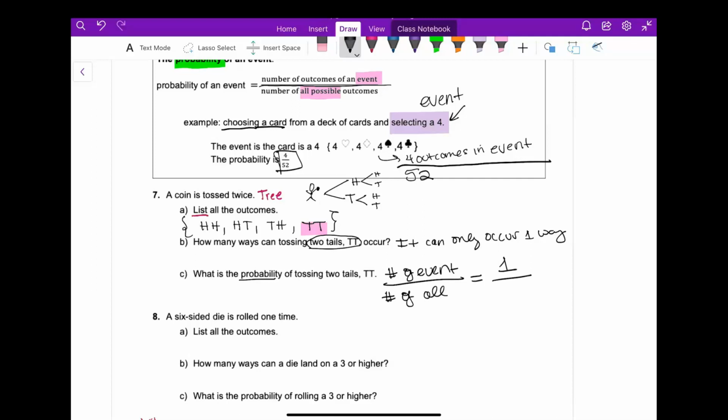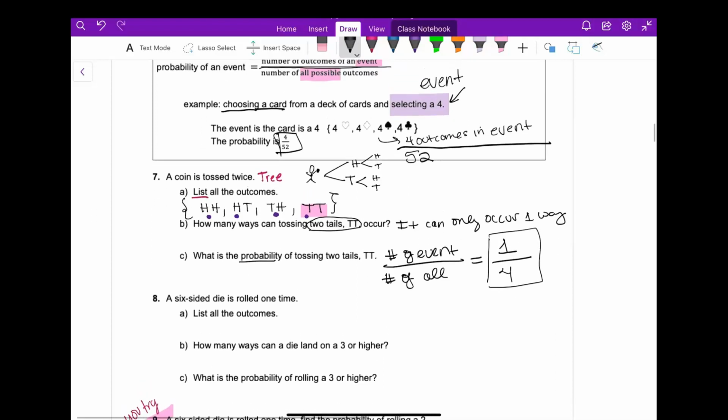How many possible outcomes did I have? Let's go back and count them. I have 1, 2, 3, 4. 4 possible outcomes. 1/4. So the probability of tossing 2 tails is 1/4. Let's throw in another number, 25% probability. I hope that you are getting the hang of that.